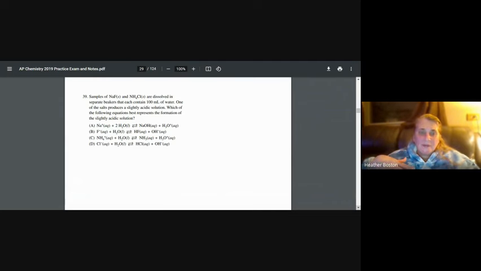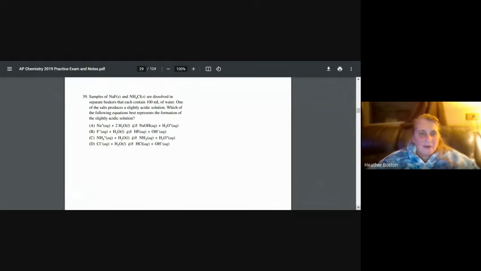Sodium's a notorious spectator ion, so it's not going to be anything that reacts with sodium. We're looking for a slightly acidic solution, so we're looking for something that is going to react with water.